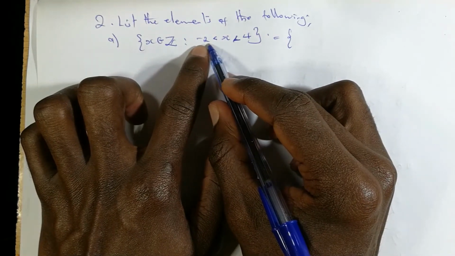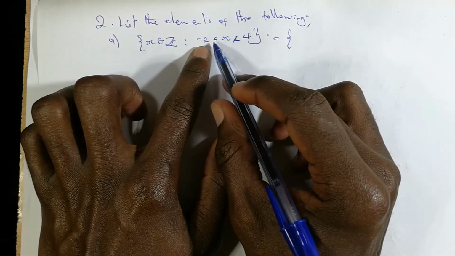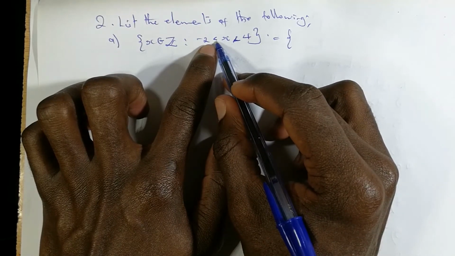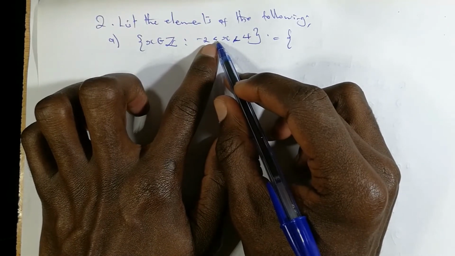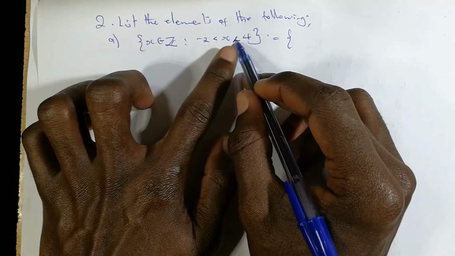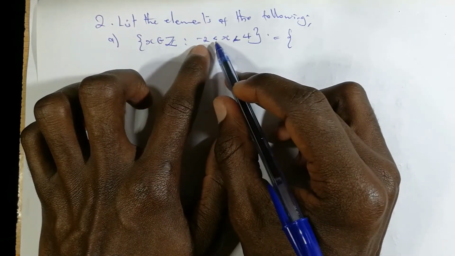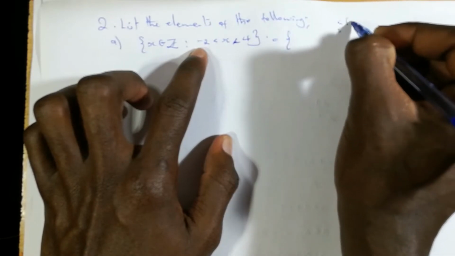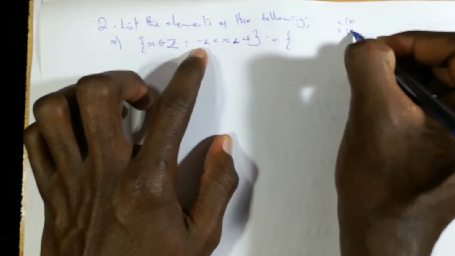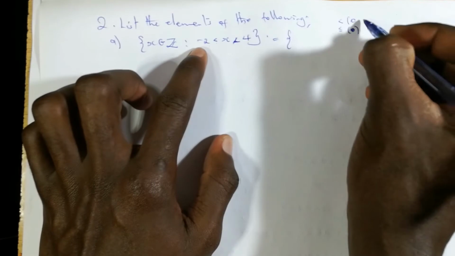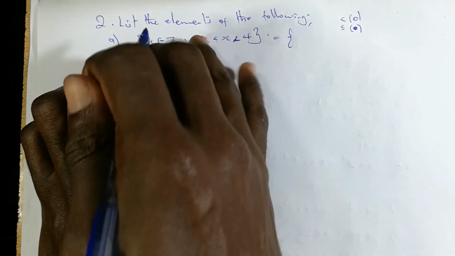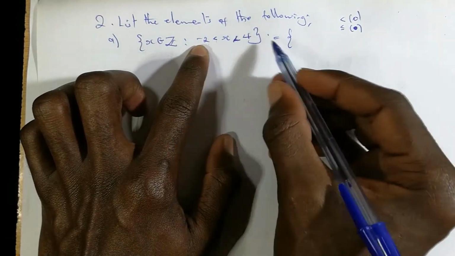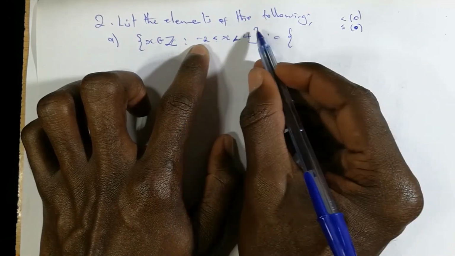We have -2 here, but we're not going to include it, because remember there's no equal sign beneath this less than sign. Remember we had this or that. This means closed, this one open, and that means we don't include the numbers next to it. So we are not going to include -2 and 4 as well.